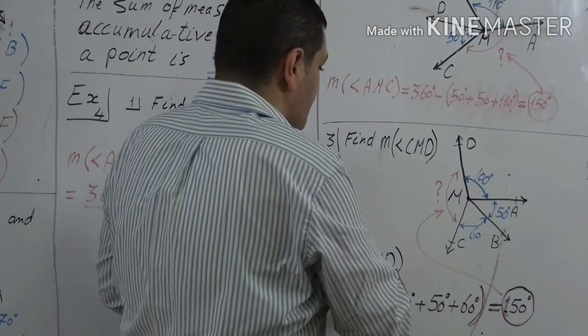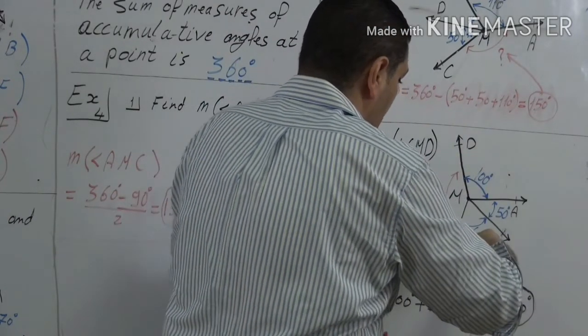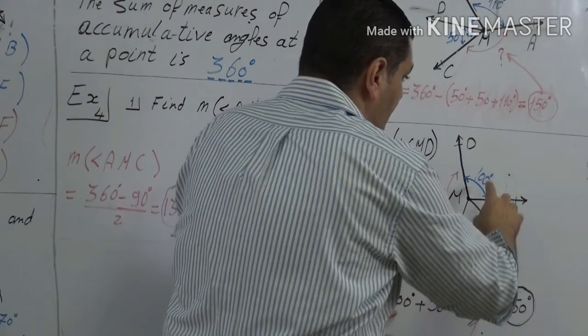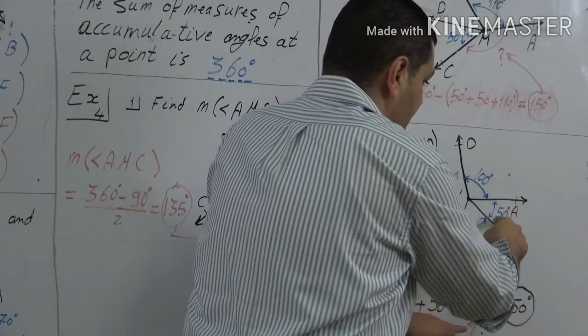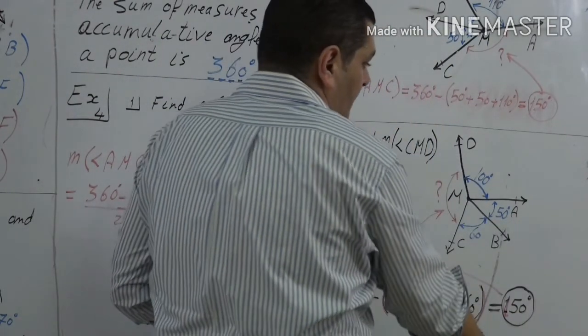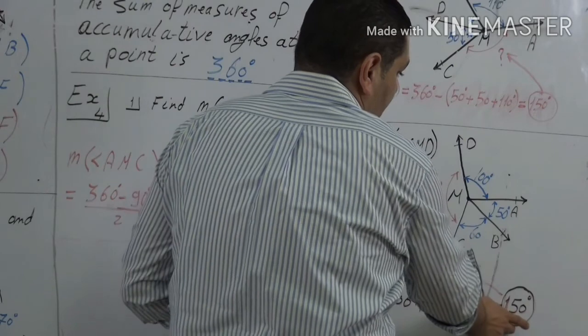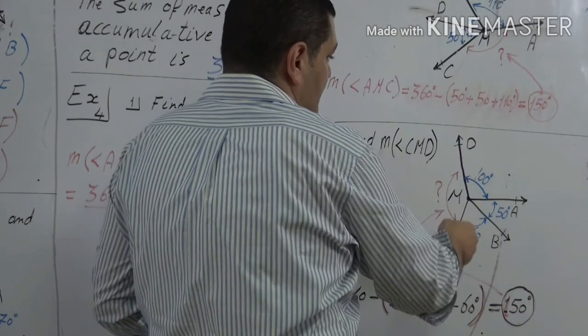So measure of angle CMD equal 360 minus 100 plus 50 plus 60, all together. We are going to get 150 degree, which is the answer of angle CMD.